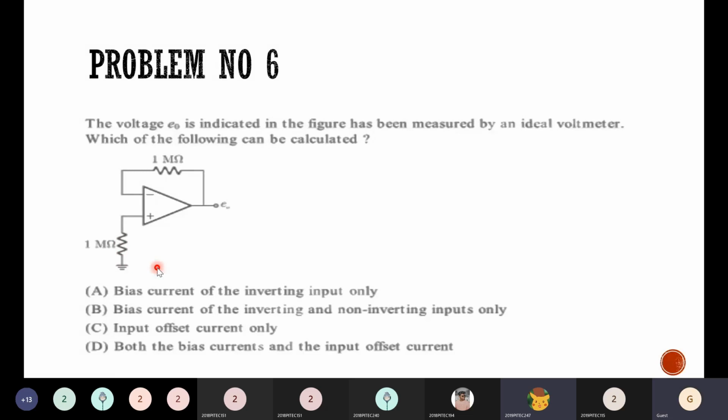It is very simple, no? You cannot write bigger equations here. Just try to identify what equation you can write here, and with that equation, what could be found, whether bias current or offset current or both.